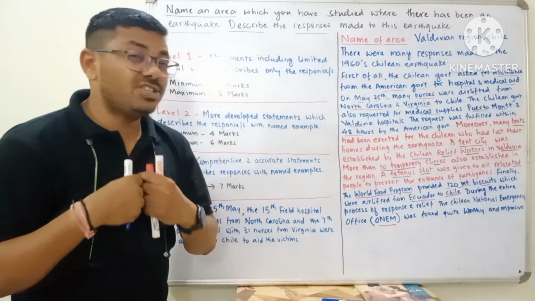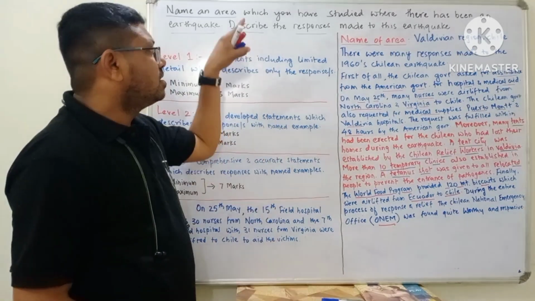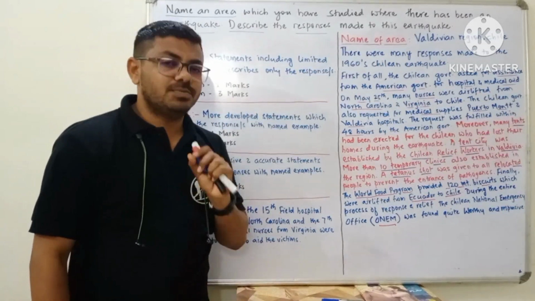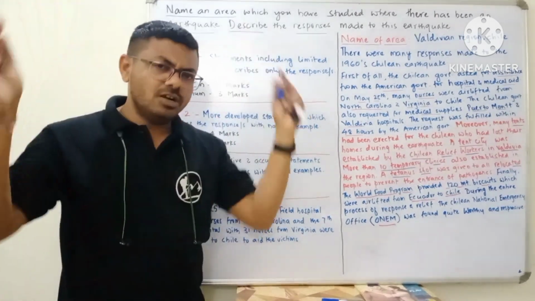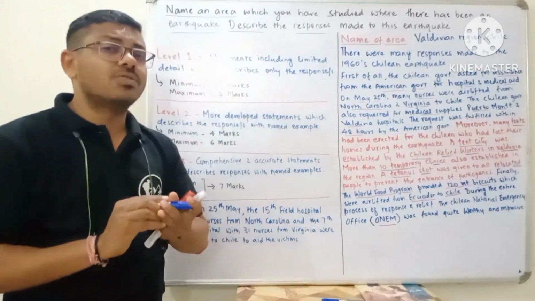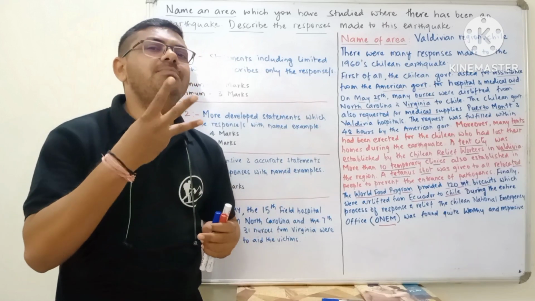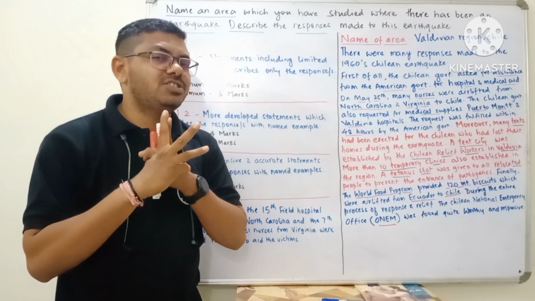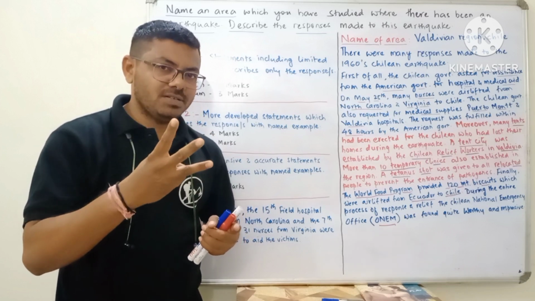So what I need to do as a student is answer this question, and I will be including the responses. Now there could be a lot of responses, but I need to club all the responses into three main ideas. Every idea carries at least 1 mark. So 3 ideas, 3 marks, right?